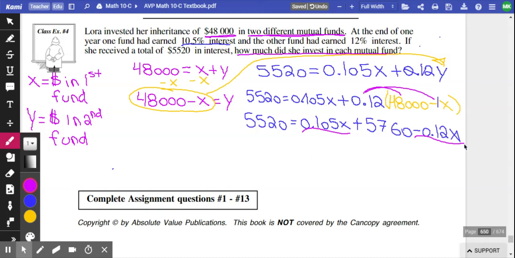So we'll go 0.105 minus 0.12, and you now have 5,520 equals negative 0.015x plus 5,760. When I added those together, that's what I got.